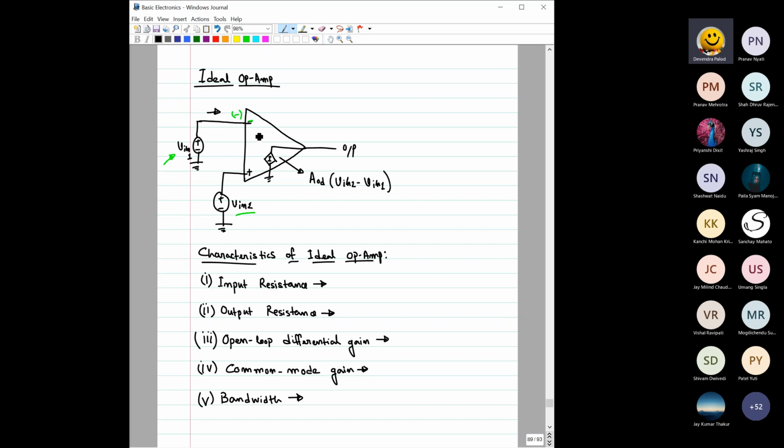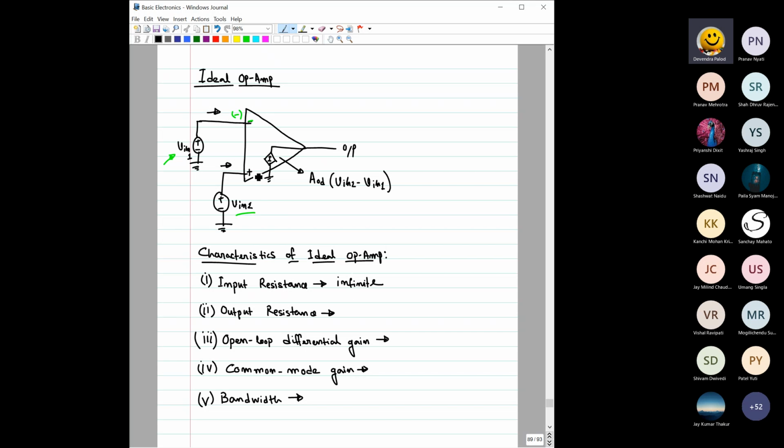So the resistance is infinite. The input resistance is infinite. Similarly, if you look from this terminal, again this is open, so the resistance of this terminal is also infinite. So either you look from here or from here, the input resistance is infinite.